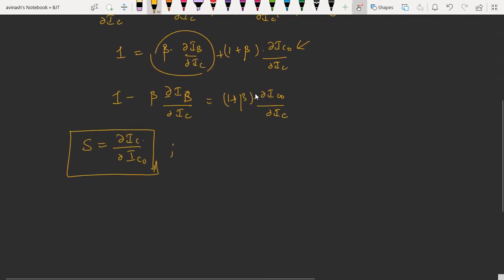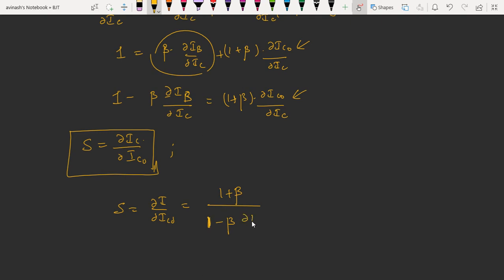Then the stability factor S is equal to dou IC by dou ICO is equal to (1 plus beta) by (1 minus beta times dou IB by dou IC). This is the stability factor.